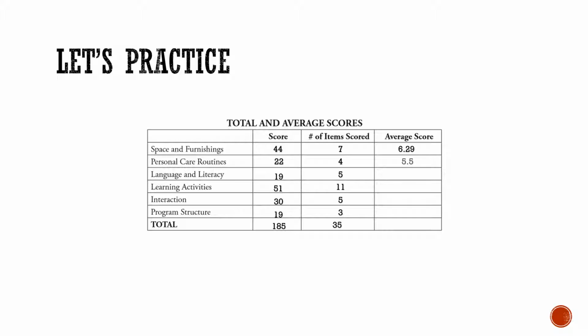Personal Care Routines has an average of 5.5. Language and Literacy has an average of 3.8. Learning Activities has an average of 4.64. Interaction has an average of 6. Program Structure has an average of 6.33. And the total average is 5.29.